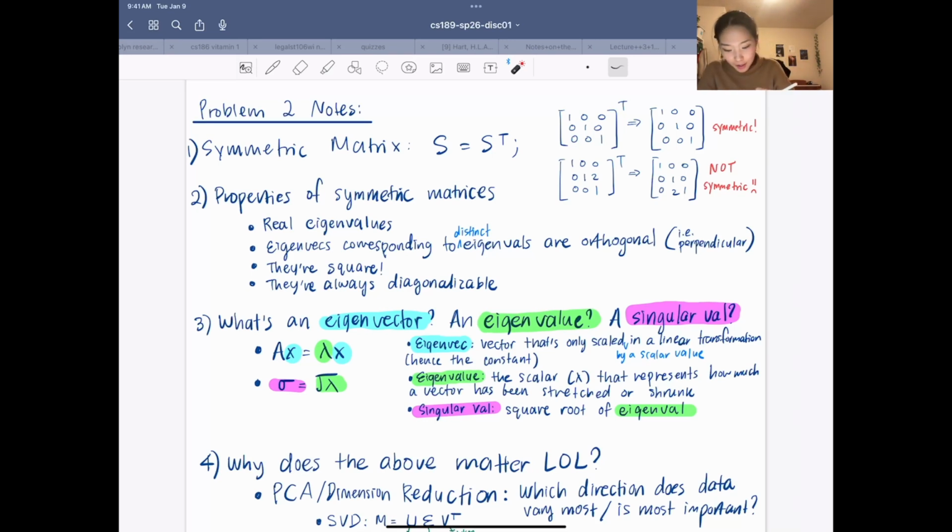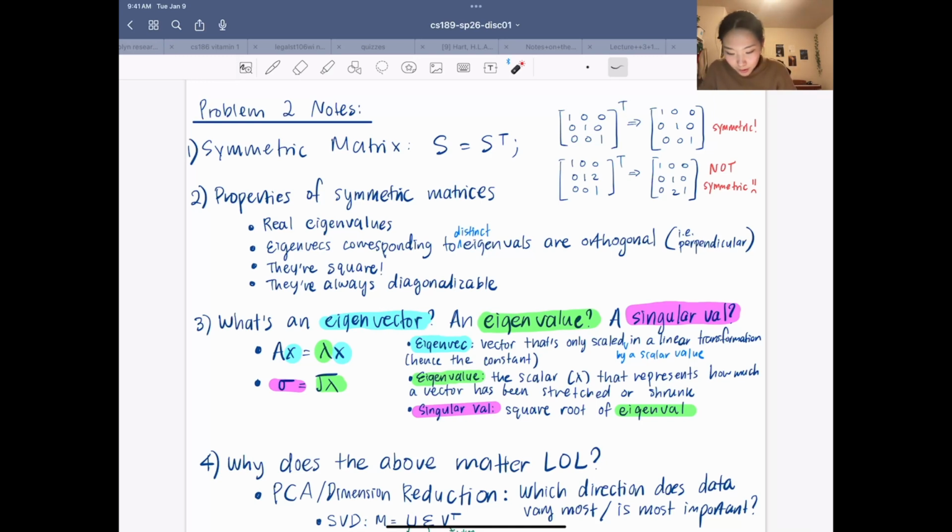But essentially, you should know that symmetric matrices have real eigenvalues, and the eigenvectors corresponding to distinct eigenvalues are also orthogonal, or perpendicular, to each other. Symmetric matrices are square, as you can tell: if you transpose a rectangular matrix, it's definitely not going to be the same because of dimensions. So symmetric matrices are always square, and they're always diagonalizable.